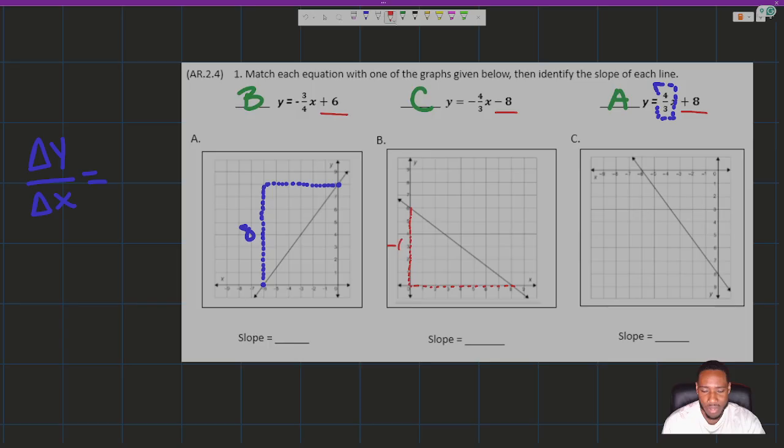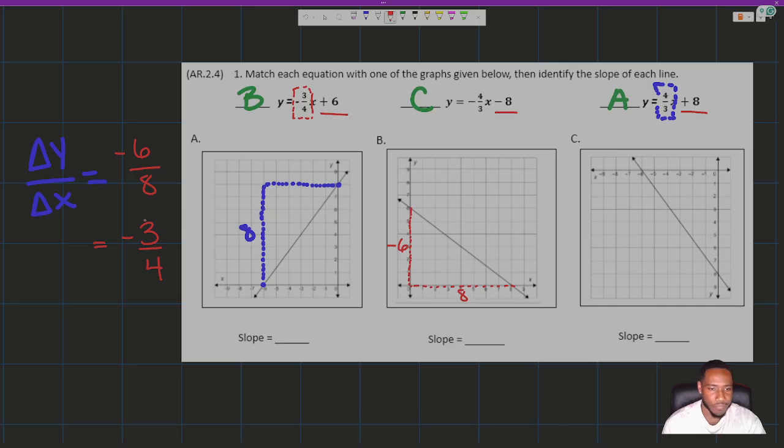So down 6, to the right 8. And a slope of -6 over 8 simplifies to -3 over 4, sorry, not -4, -3 over 4, which, as you see there, matches the slope we have for the equation we already matched to that graph.